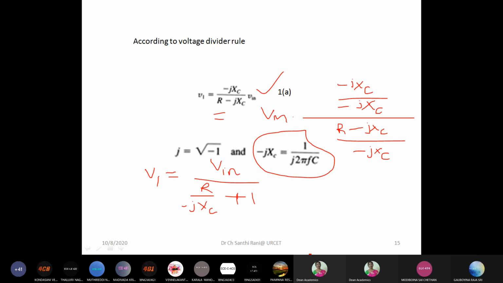Vin divided by 1 plus, okay, first let us write this only.